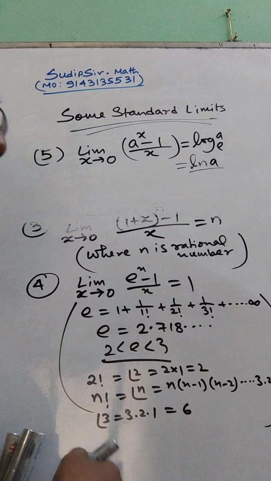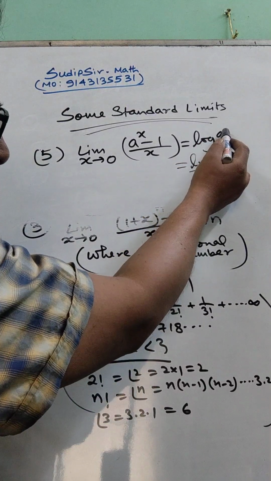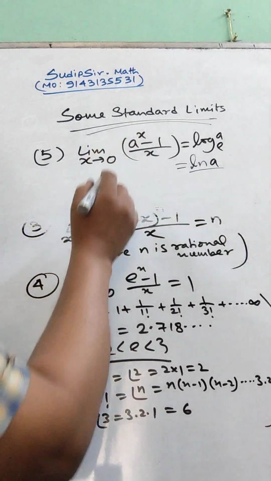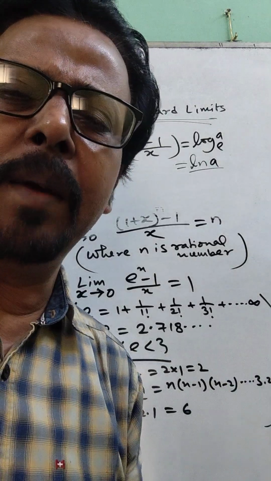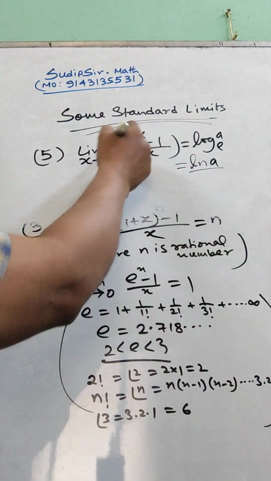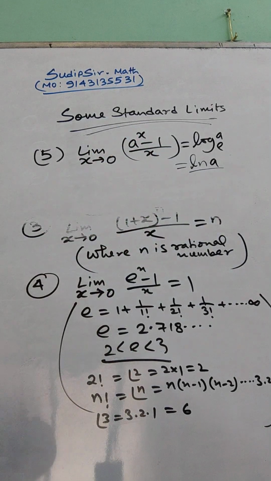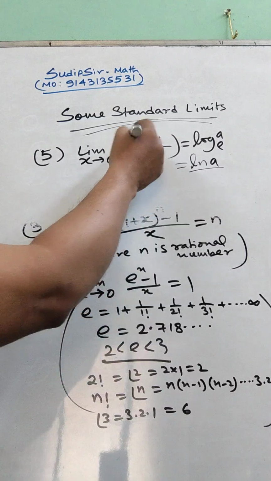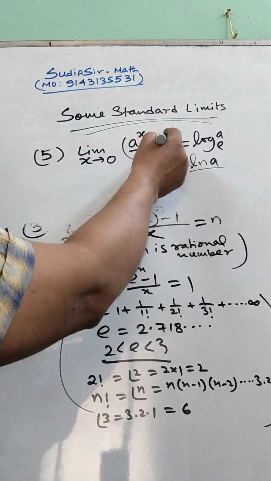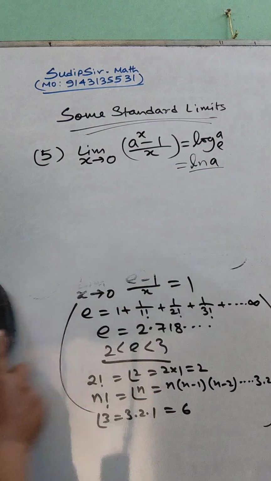Here if it is e, then it will be 1. Here a is other than e. a is any number, 2, 3, 4, any fraction, any real number. So (a to the power x minus 1) by x equals log a, or ln a.